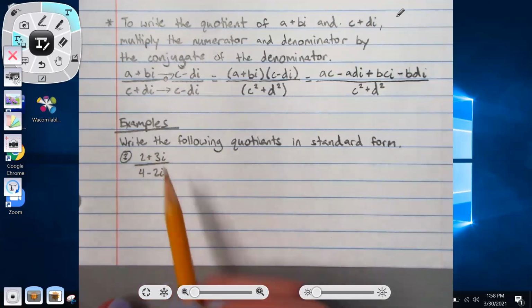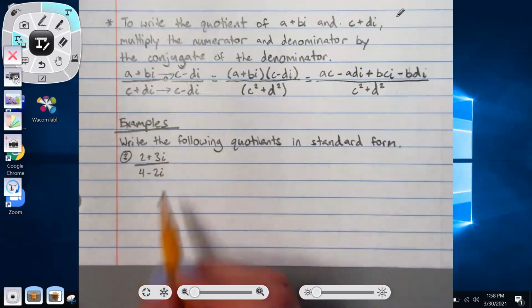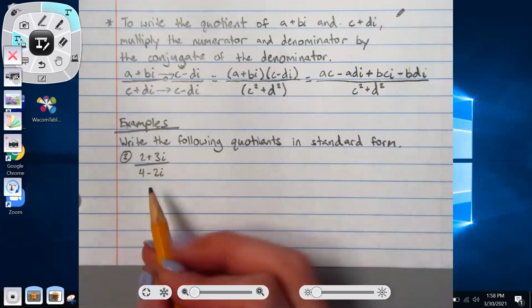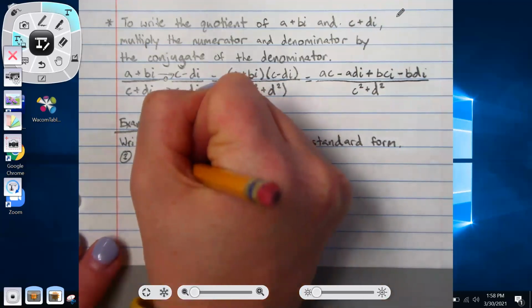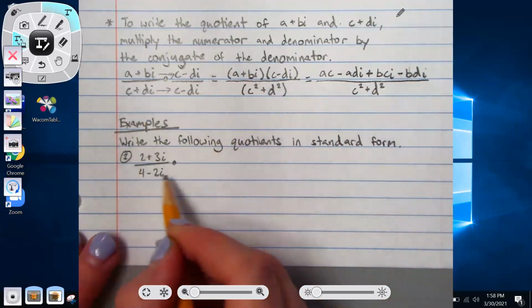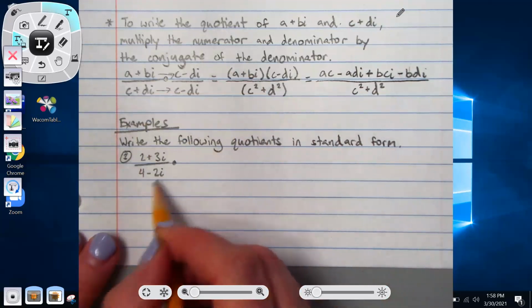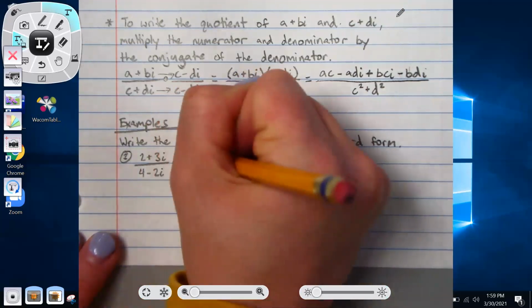Example 3, we've got 2 plus 3i divided by 4 minus 2i. So to do this division, we multiply by the conjugate of the denominator. The denominator is 4 minus 2i, the conjugate is 4 plus 2i.